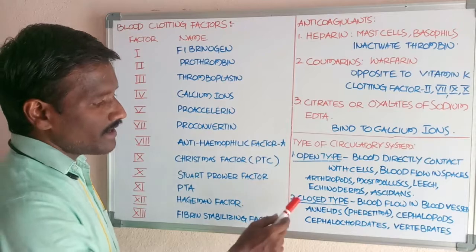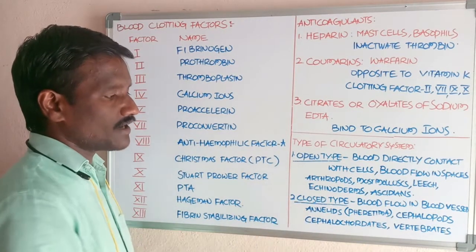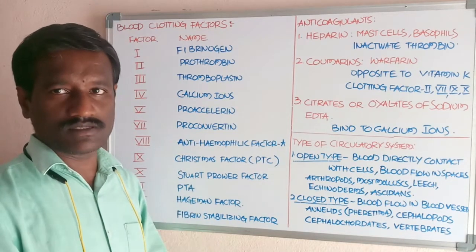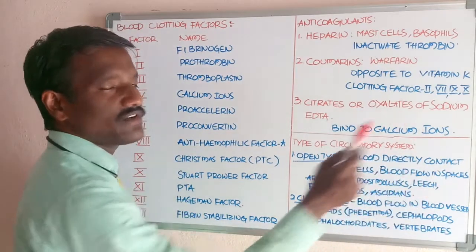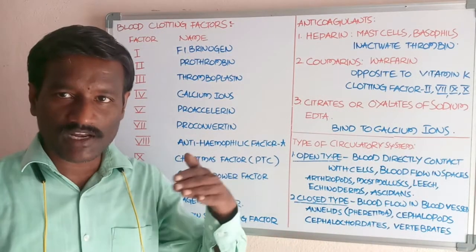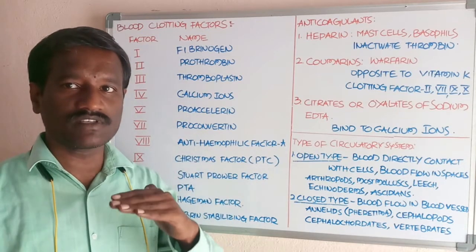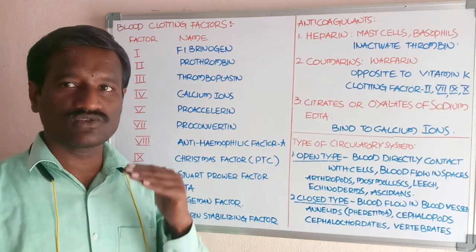Next, closed type circulatory system. This closed type circulatory system is present in other animals, mostly developed animals. Blood flows in the blood vessels. Blood freely flows in the lumen of the blood vessels, which act as vessels that supply the blood to the body cells, tissue cells, organs.